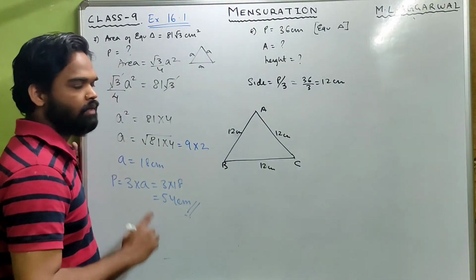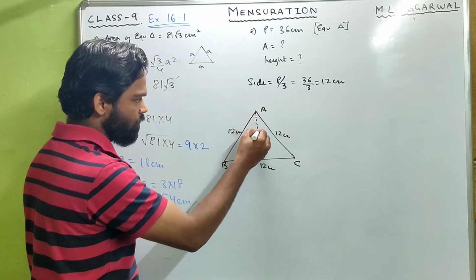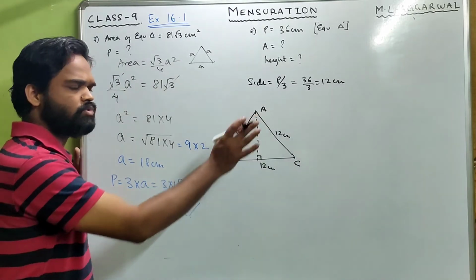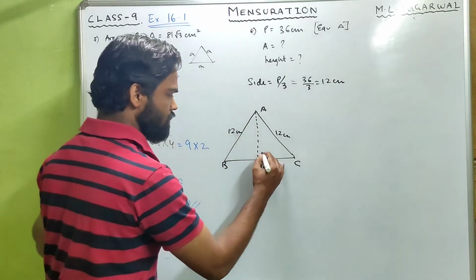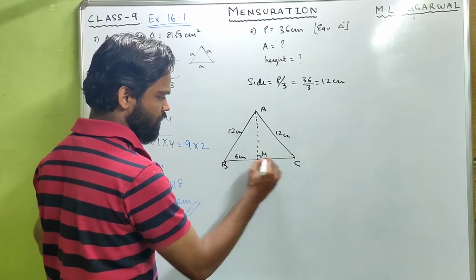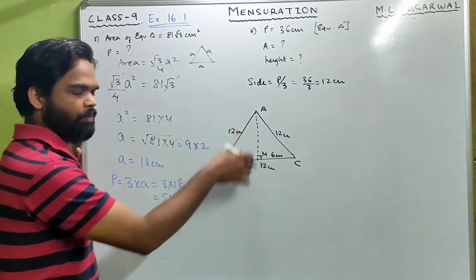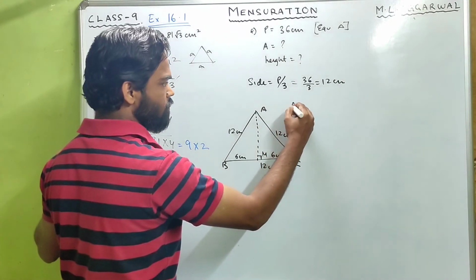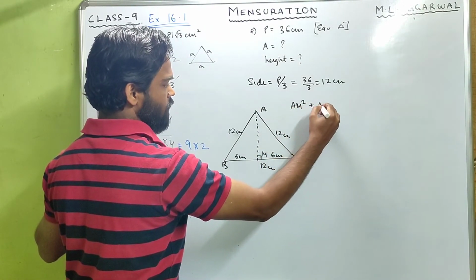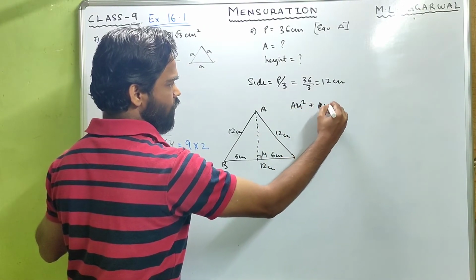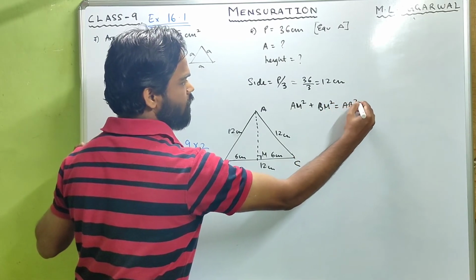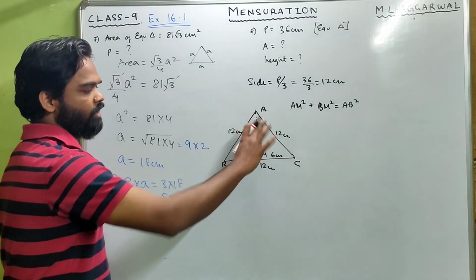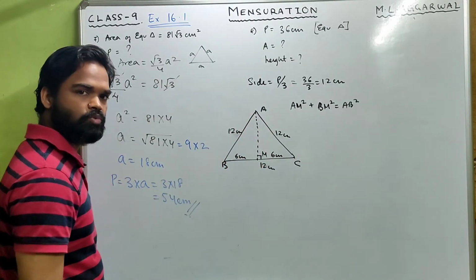Done. Now what I'll do, I'll drop a perpendicular. Okay, you can directly use the formula, or you can do like this also. See, AM. So this is 6 centimeter. We have already done. The perpendicular bisects BC into 2 equal half. So AM square plus BM square is equal to AB square. In this triangle ABM, it's a right angle triangle. By Pythagoras theorem, perpendicular square plus base square is equal to hypotenuse square.